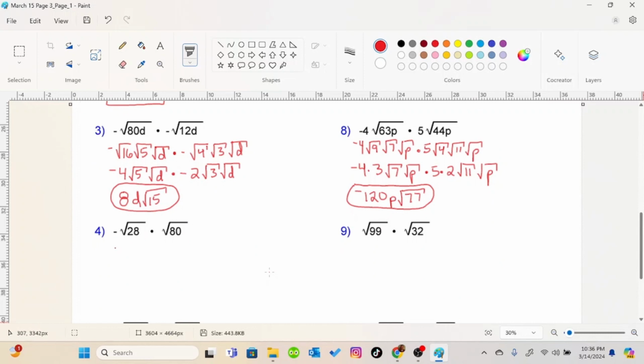Number 4. The square root of 28 is the square root of 4 times the square root of 7. And the square root of 80 is the square root of 16 times the square root of 5.